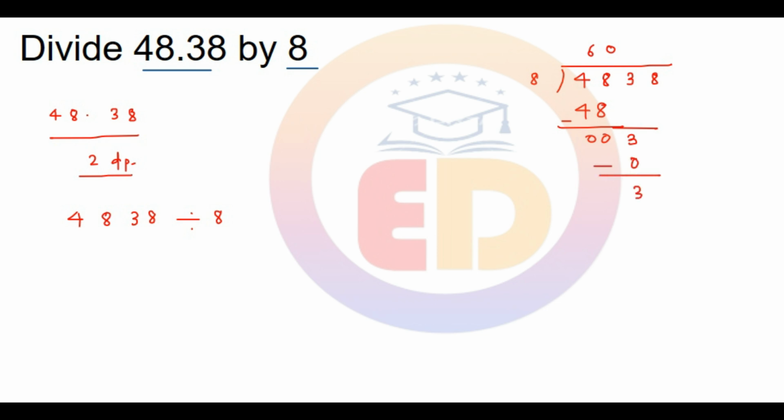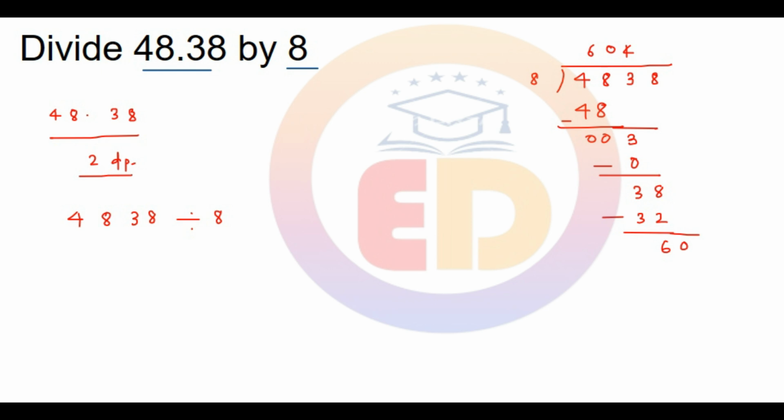Subtracting, I get 3 here. Take the 8 down. 8 4s are 32. Subtracting, I get 6. Now 6 will not go in 8, so I'll have to increase this 6. And how can I do that? By placing a 0 here.